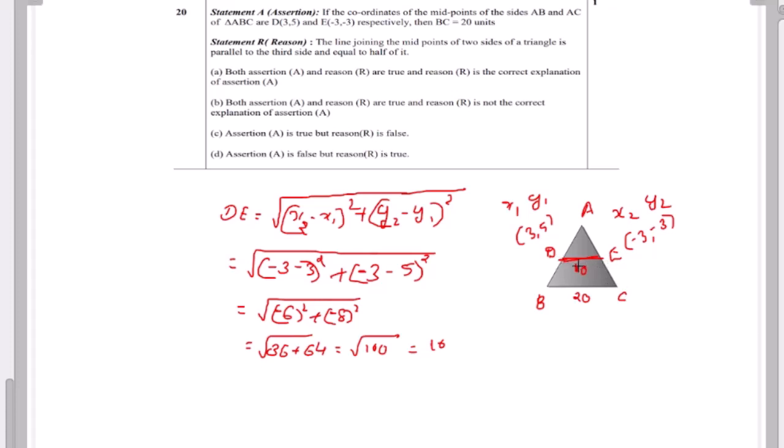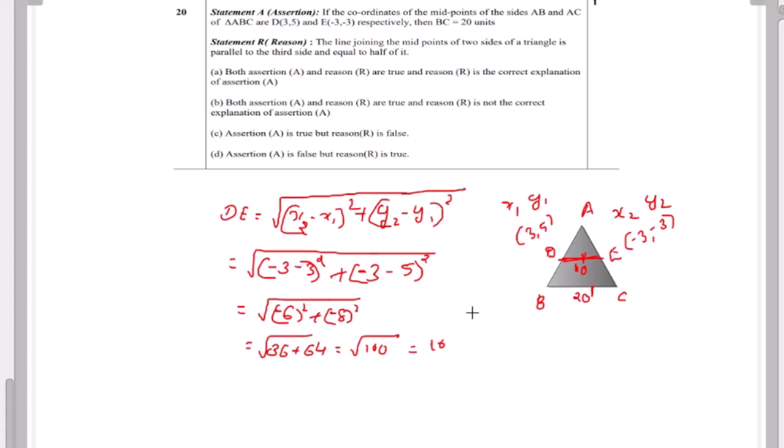So the line joining the midpoints of two sides of a triangle is parallel to the third side. It's correct. DE must be parallel to BC, because these are midpoints. We have studied this from 9th standard: if D is the midpoint of AB and E is the midpoint of AC, then DE must be parallel to BC and DE is equal to half of BC.